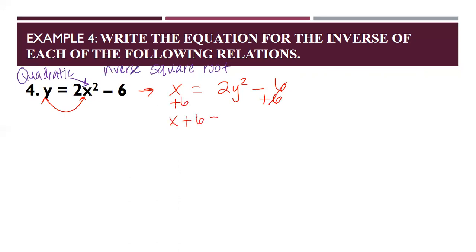So I have x plus 6 equals 2y squared. I have to cancel out my multiplication. So I'm going to divide all terms by 2. And I'm left with x over 2 plus 3 equals y squared.